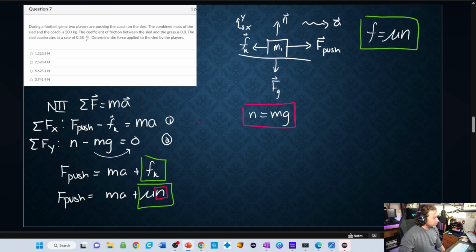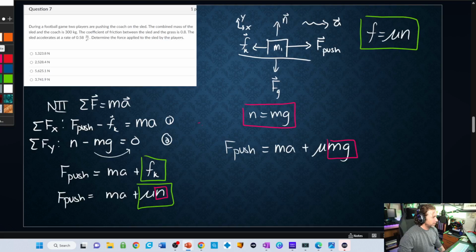So my equation is going to be F push is equal to ma plus mu mg, where here is my normal force.